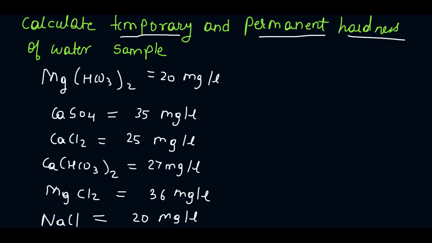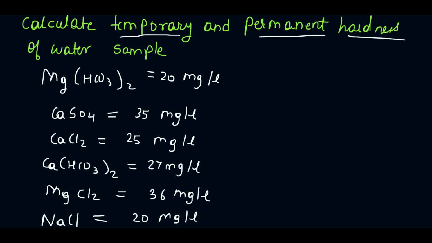CaSO4 is equal to 35 milligram per liter. CaCl2 is 25 milligram per liter. Ca(HCO3)2 is 27 milligram per liter. MgCl2 is equal to 36 milligram per liter, and NaCl is equal to 20 milligram per liter.